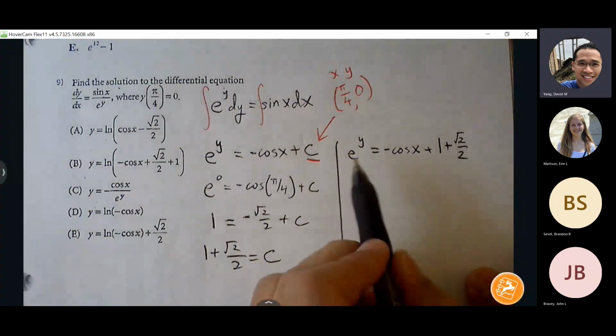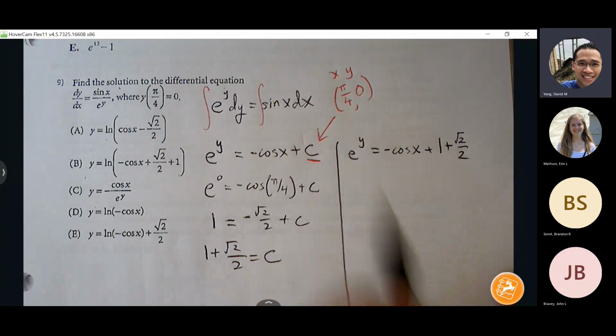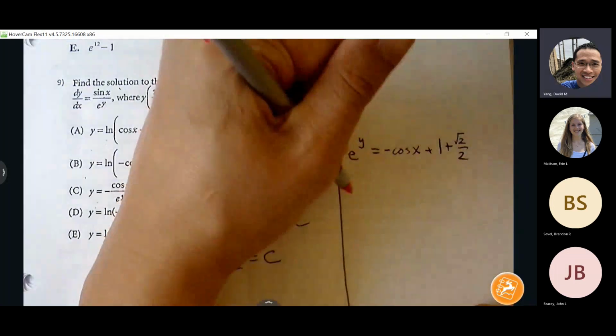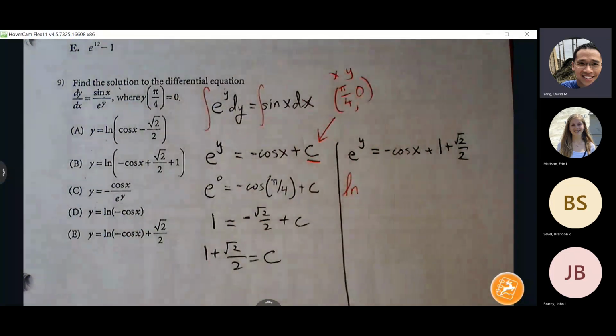Okay, one thing left to do is to solve for y. The y is stuck in the exponent location. What can I do to both sides to get that y to come down? Take the natural log, right? Natural log allows exponents to come down.